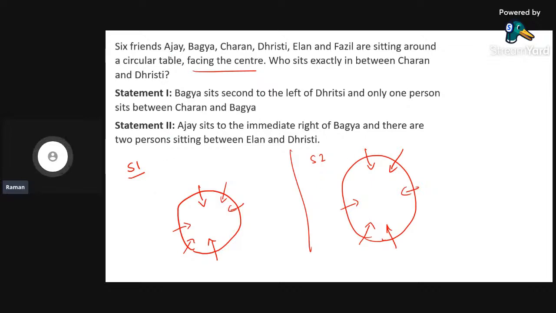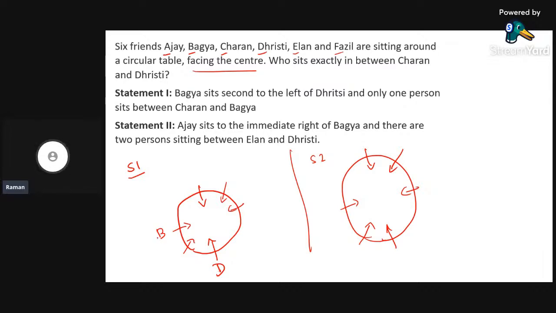Taking Ajay, I'll take out the arrangement. Bhagya sits to the left of this person. You can fix this anywhere according to the position of Bhagya.